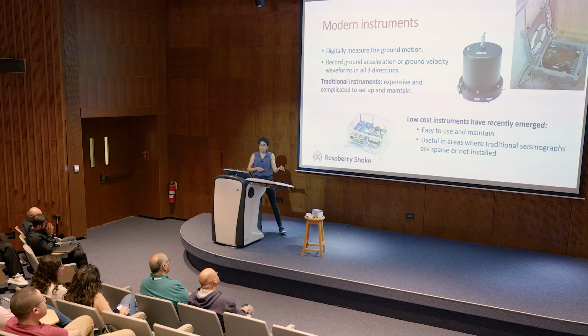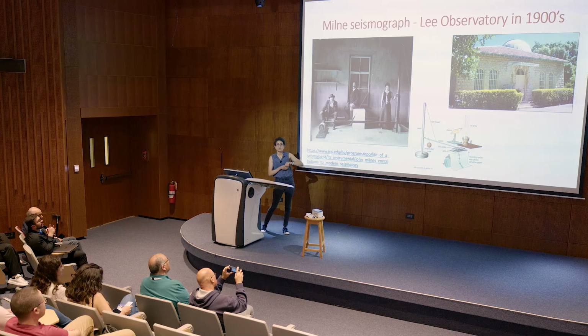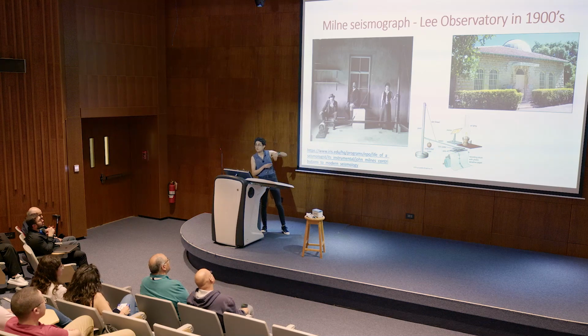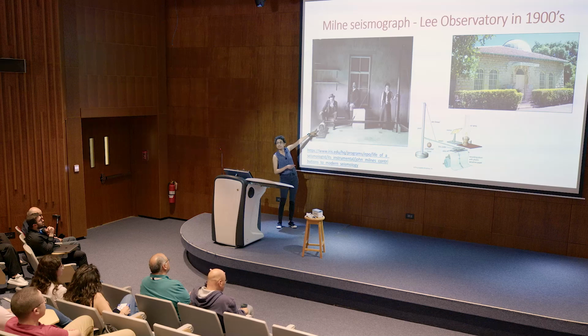I have one of these already installed in my office, and I have two more that I want to install on the AUB campus. While trying to find a good place to install one on campus, I did some research, and I found out that in the Lee Observatory, this building you may be familiar with, which used to house the telescope, Robert West had installed a Milne seismograph in the 1900s, such as the one you can see here.